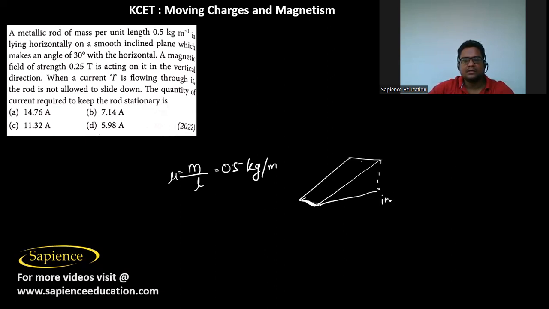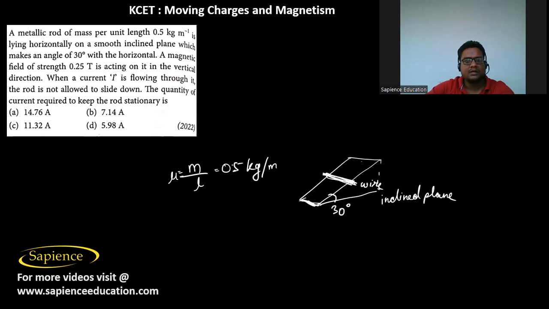So this is the inclined plane, and the wire is lying horizontally like this. Here we have the wire, and this inclined plane makes an angle of 30 degrees with the horizontal.